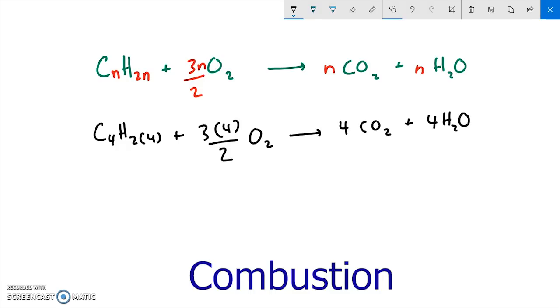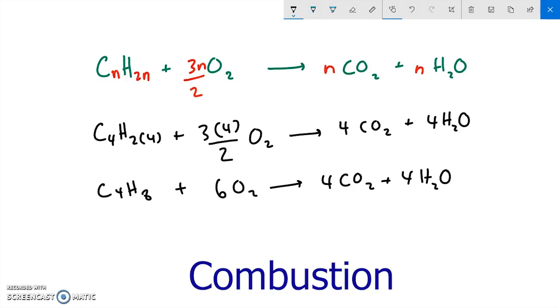So as you can see here, we're going to complete this equation, then it will become C4H8 plus 12 over 2, which is 6 oxygen, and 4 carbon dioxide plus 4 mole of H2O. Again, this formula is only applied to an alkene in the aliphatic form.